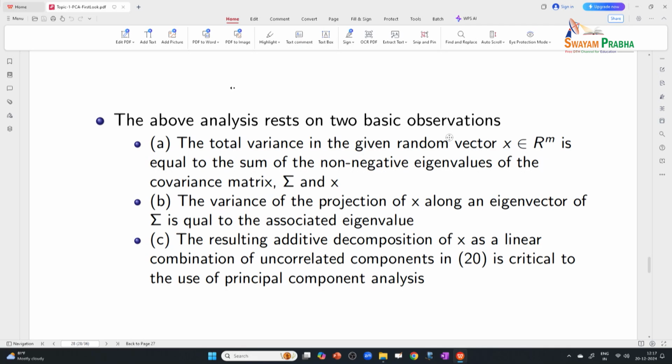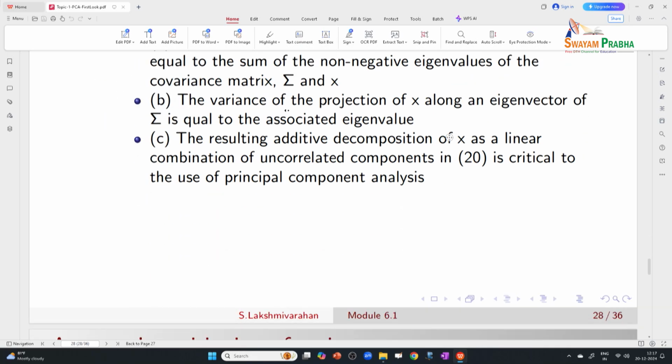The variance of the projection of x along the eigenvector is equal to the associated eigenvalue, and the resulting additive decomposition of x as a linear combination of uncorrelated components is critical to the use of principal component analysis. So that is the summary of what we have done.